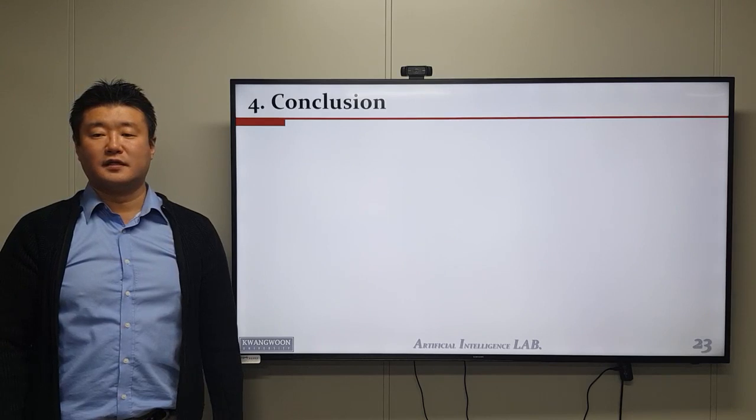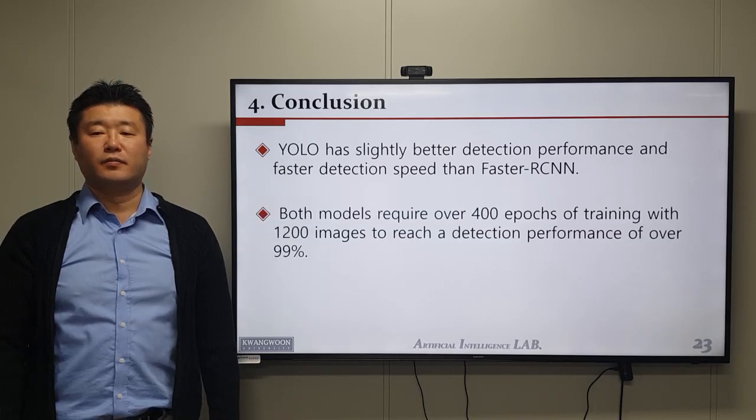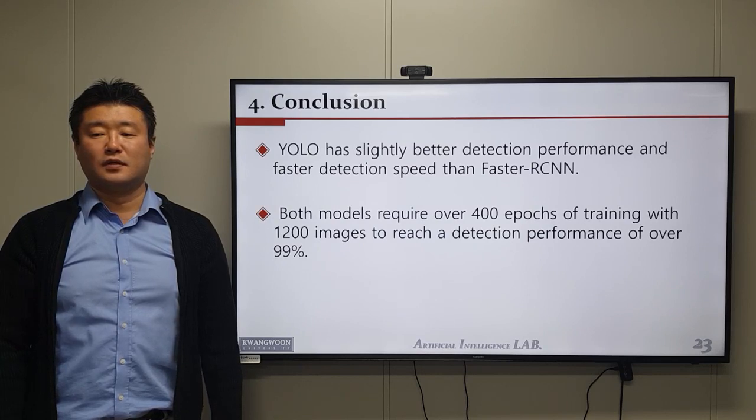YOLO has slightly better detection performance and faster detection speed than Faster RCNN. Both models require over 400 epochs of training with 1200 images to reach a detection performance of over 99%.